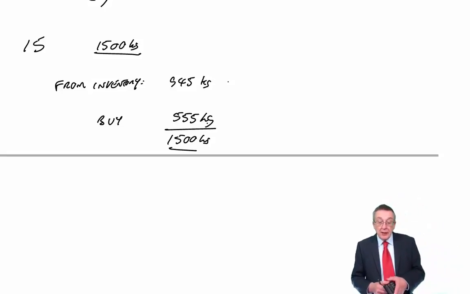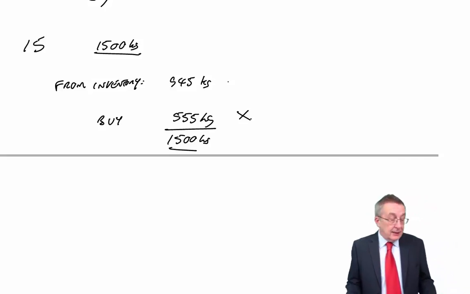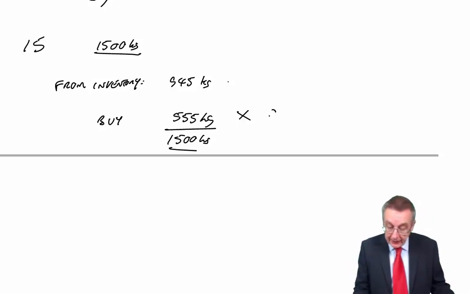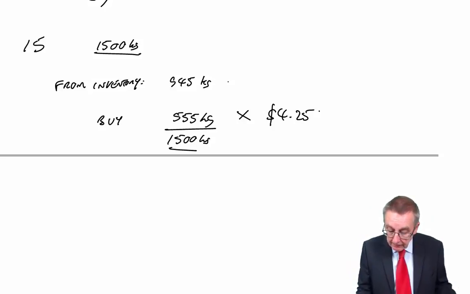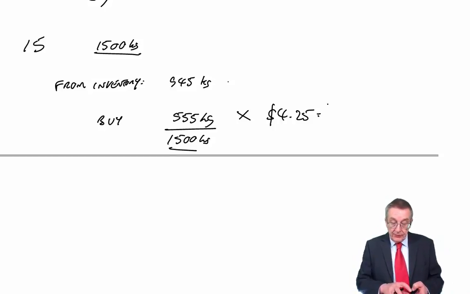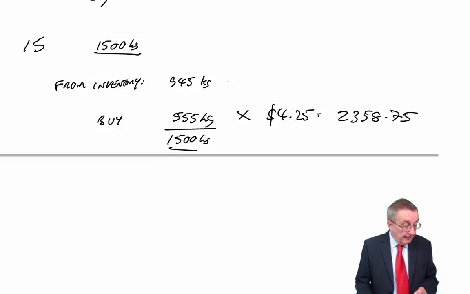And of course, if we actually have to buy those 555, the cost of that is no problem. The current price is £4.25, no argument. Those 555 will cost us in total 2358.75, I think.